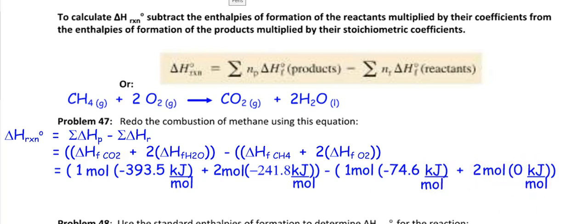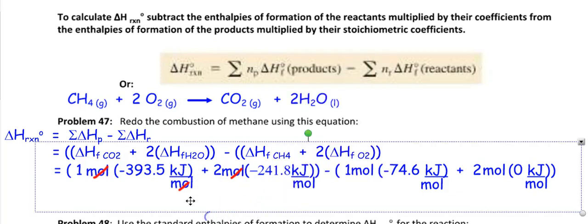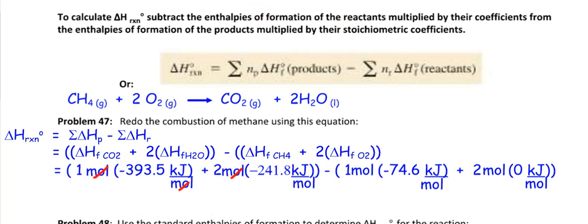And what do you notice here, folks? What happens to my unit moles? Don't moles cancel? Don't moles cancel? And here. So what unit is the only one left?